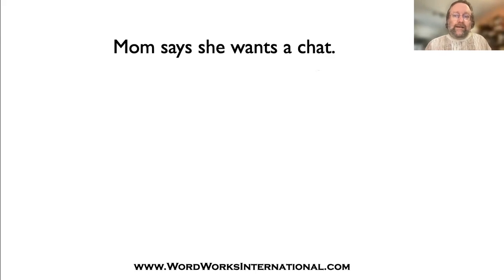Now, another thing that I did in that video that I just want to highlight here is I compared me reading this sentence, mom says she wants a chat, versus mom says she wants a cat. Of course, they differ by just that final word, and that final word only differs by one letter. But notice if I get to this word and I spell it out C-A-T to draw attention to those individual graphemes, it gets confused. That's totally appropriate.